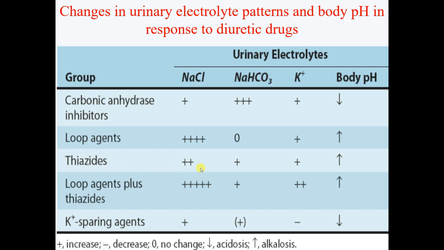Thiazides increase sodium chloride, little increase sodium bicarbonate, increase potassium, and provide alkalosis. Loop agents plus thiazides, very powerful increase in sodium chloride, little increase in sodium bicarbonate, increase in potassium, and alkalosis. And potassium-sparing agents, little increase in sodium chloride, little increase in sodium bicarbonate, decrease in potassium, and provide acidosis.